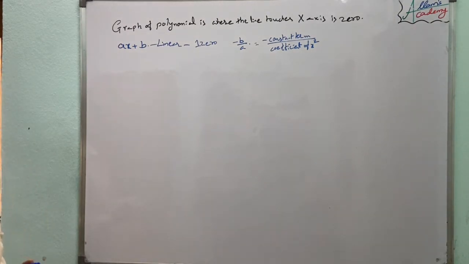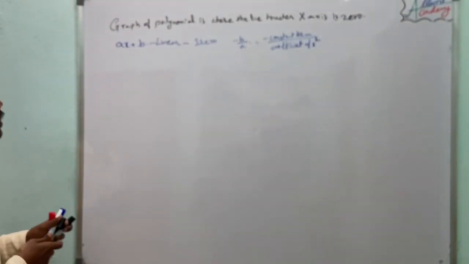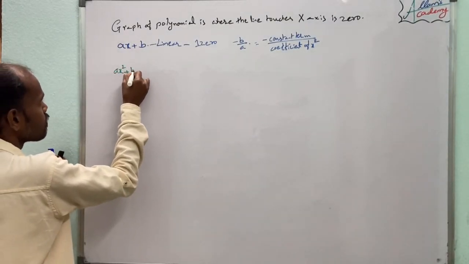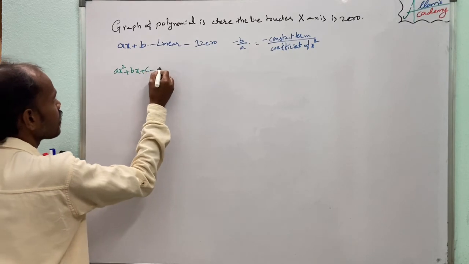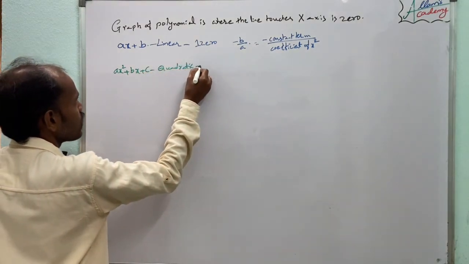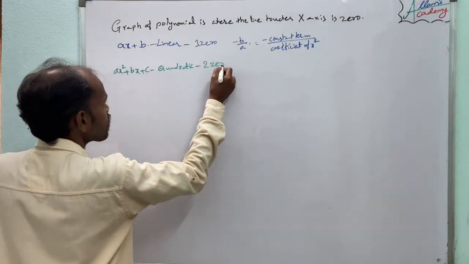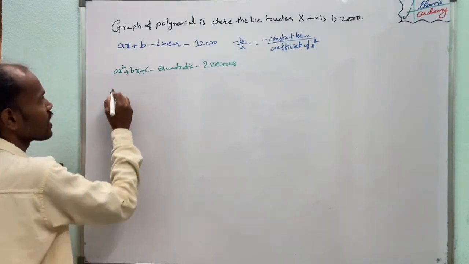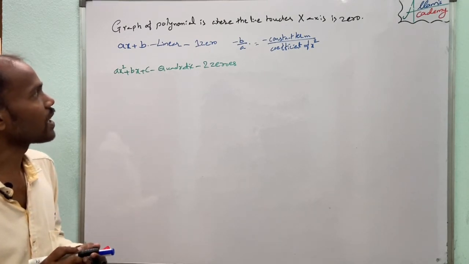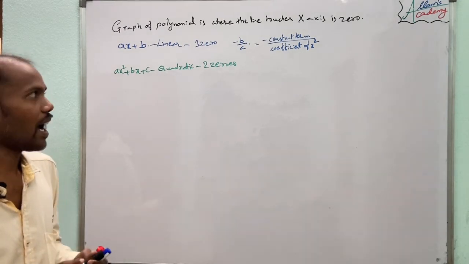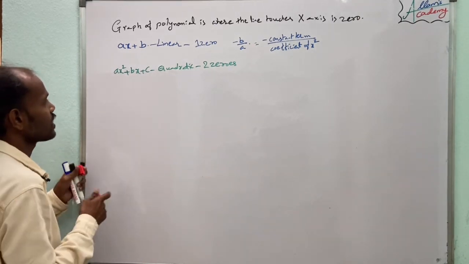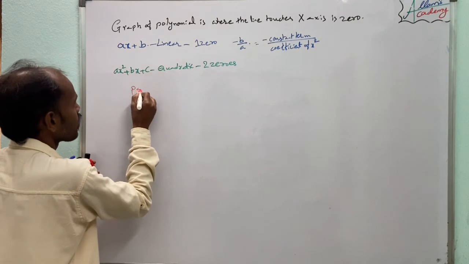Next, if we take a quadratic polynomial ax square plus bx plus c, it has 2 zeros. Why? Because its degree is 2. For this polynomial we get the graph in a parabola shape. So we already said that we get a parabola shape.